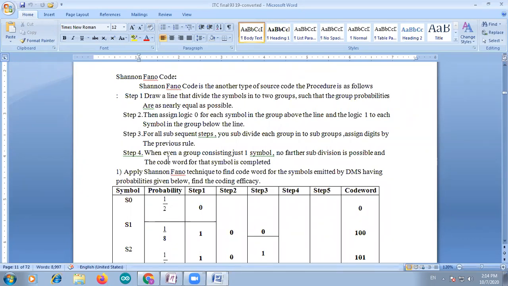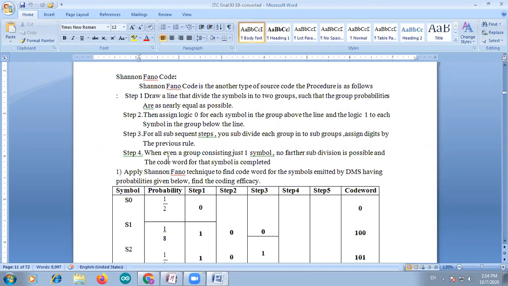The assignment of bits to the symbols is the same, but the process is somewhat different. Shannon-Fano coding is another type of source coding. The procedure is as follows. Please note the procedure.